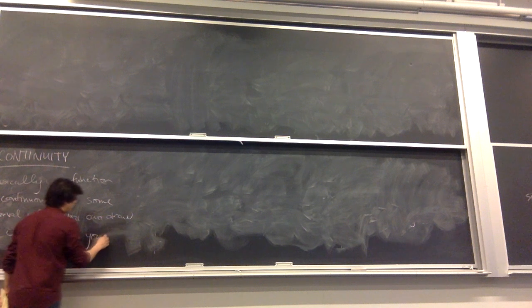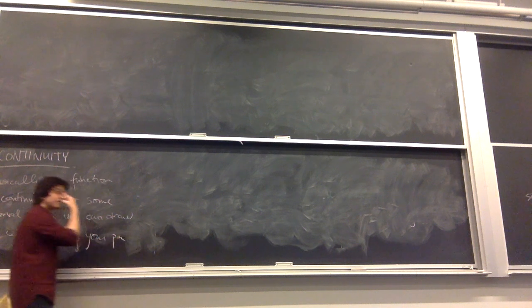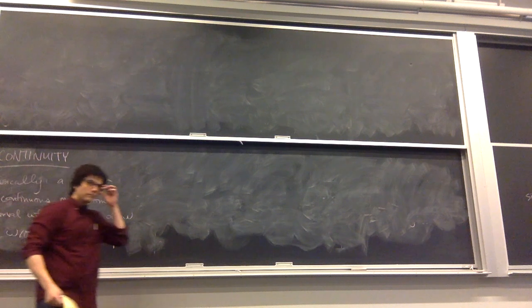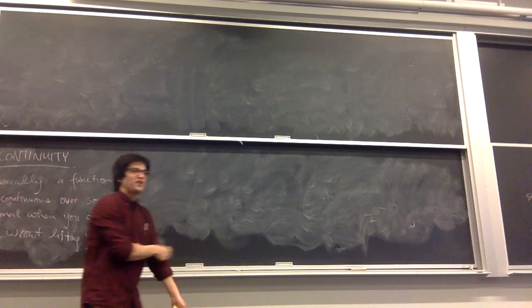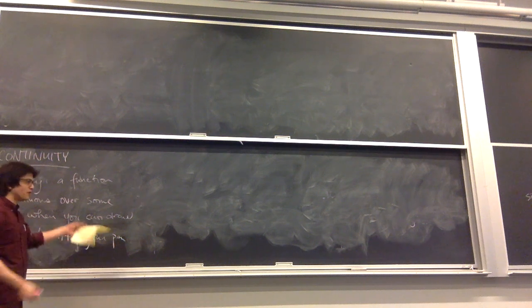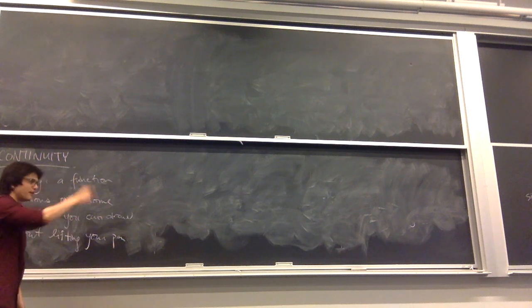Has anyone ever told you this definition? Do you know the definition of continuity? Okay, well, this is the definition of continuity then. A function is continuous over some domain if you can draw it without lifting your pen.